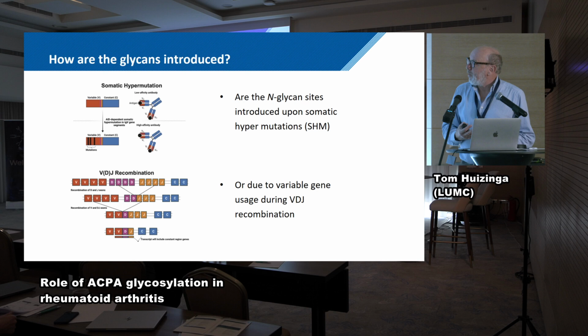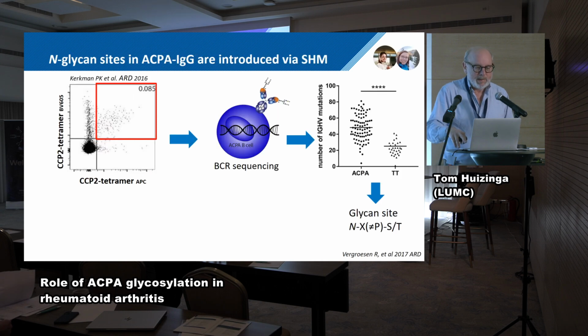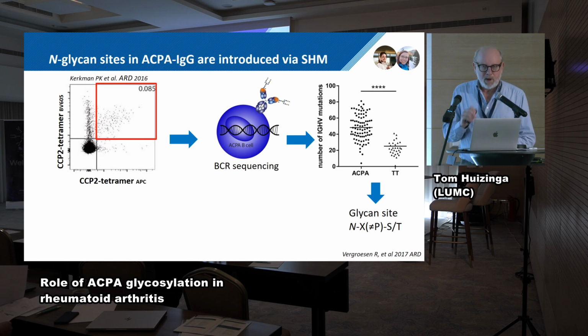So why is it? Is it because there is somatic hypermutation, so the glycosylation sites are introduced, or is there some other process doing that? Well, they are introduced, and the glycan site is not germline encoded, so you need T-cell help to introduce that.